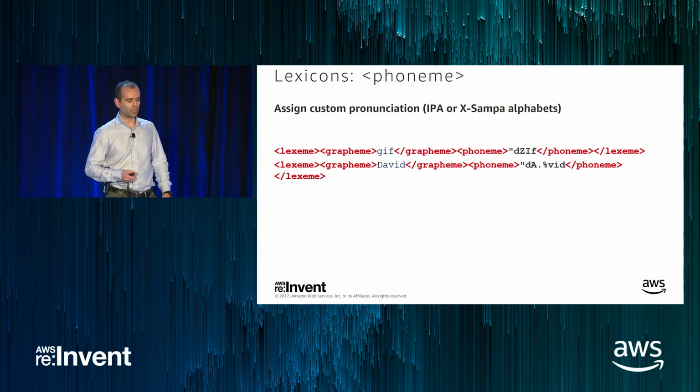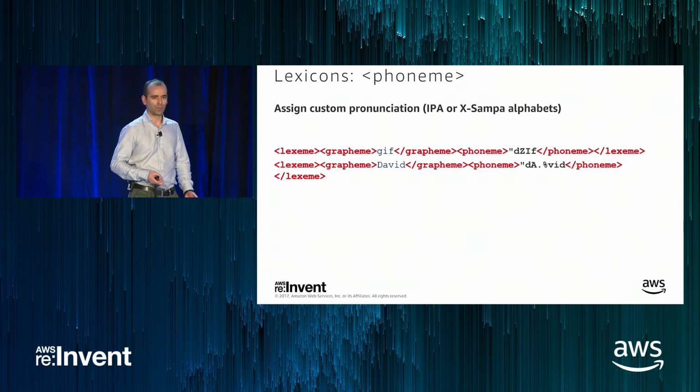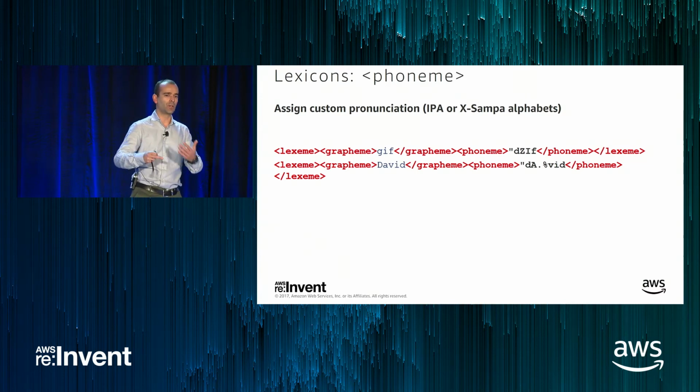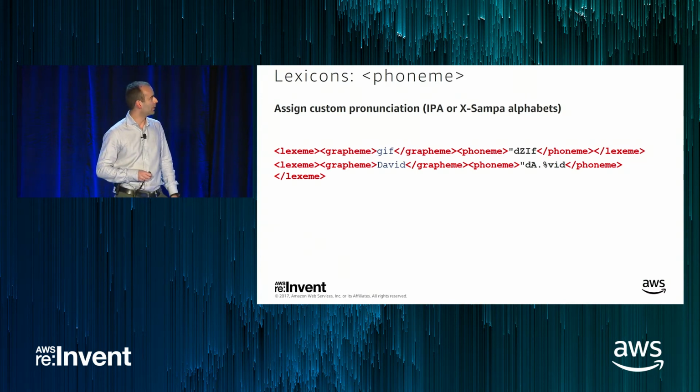So the lexicon allows you to customize pronunciation. There's still debate whether GIF should be pronounced with a hard or soft G. You can choose one and then consistently apply that pronunciation throughout your whole text, without changing it every time the word appears.